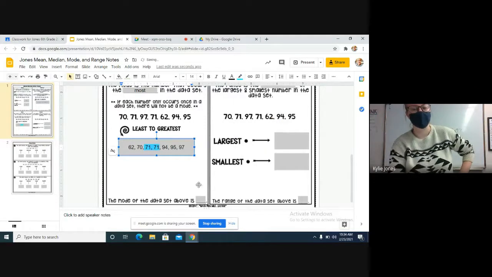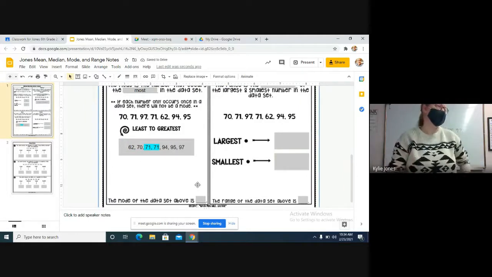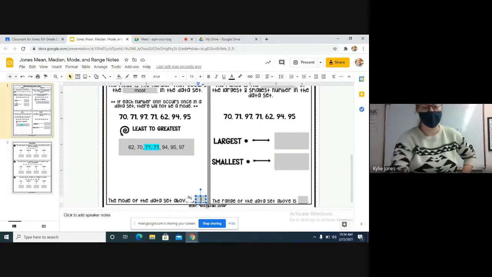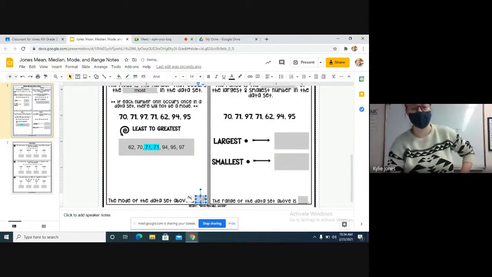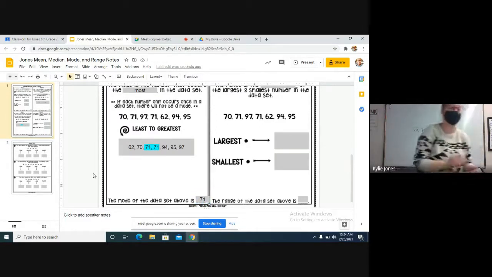So it is our mode. Yeah, highlight it just so you know that you're looking for the numbers that happen the most. So down below, when it says the mode of the data set above is blank, what goes in that blank? 71. It's the number that happens the most. Good. I'm going to get a drink really quick while you guys finish typing those out.